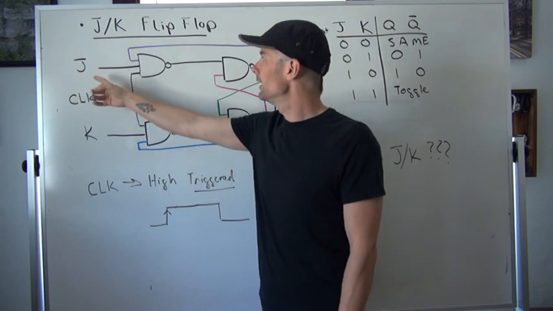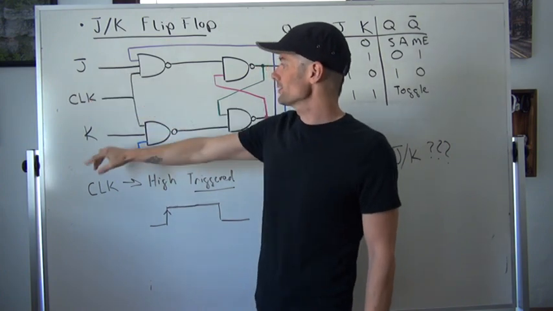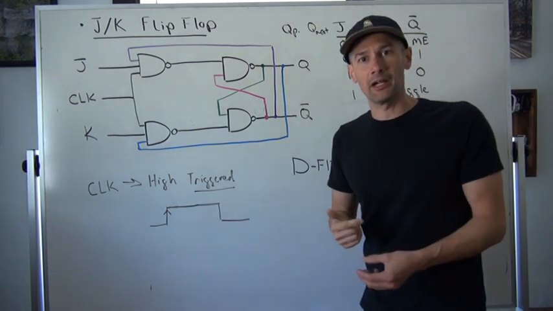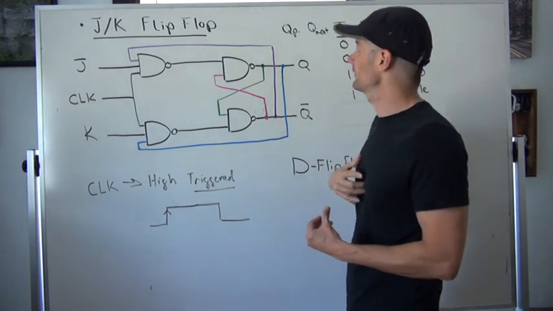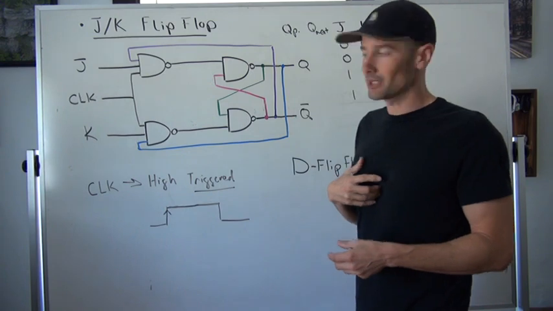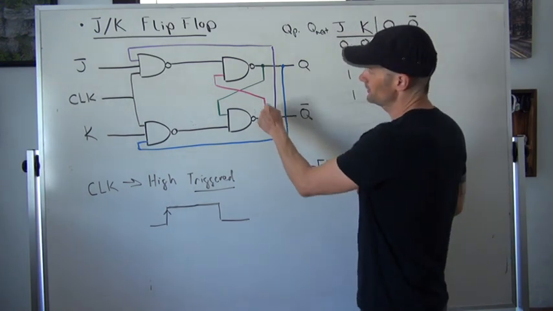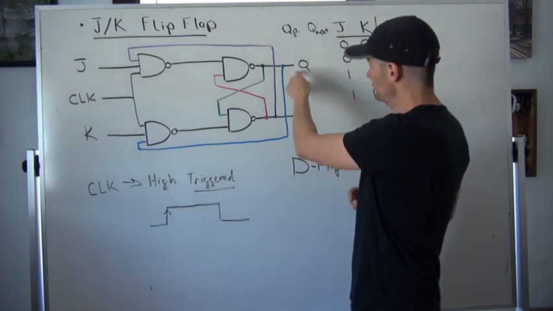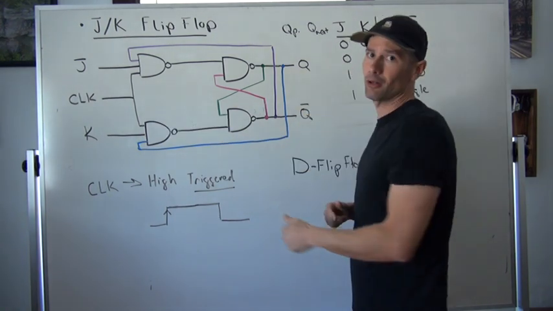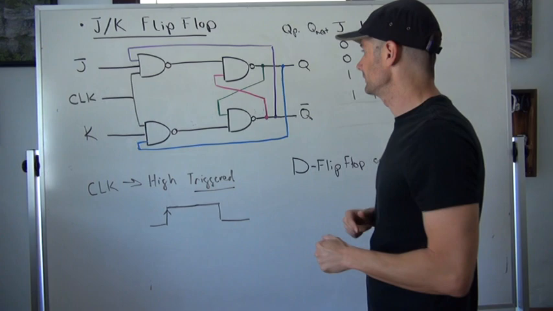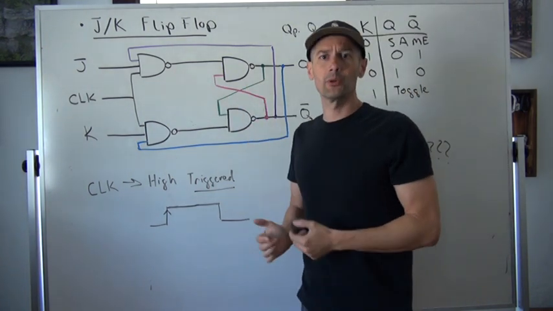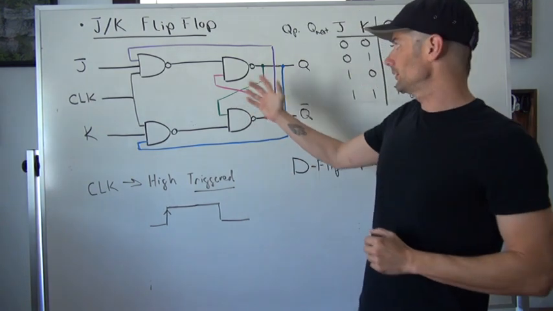If J is low and K is high, then Q goes low and Q bar is high. One of the other unique things about the JK flip-flop is that not only are we using feedback to these two NAND gates here, we're taking Q and Q bar and feeding them back all the way to the very beginning. So it has a bit more complexity in its nature.